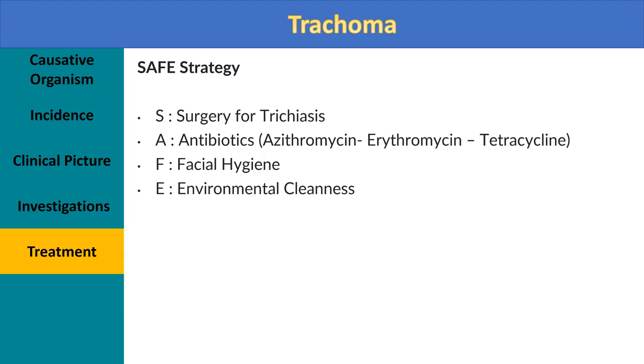We will discuss the surgery for trichiasis and the oculoplastics. A for antibiotics, and the antibiotics of choice will be azithromycin, and erythromycin also can be used, and tetracycline. Any of those antibiotics can be used to control the acute attack or acute trachoma, where there is acute follicular conjunctivitis and the mucopurulent discharge.